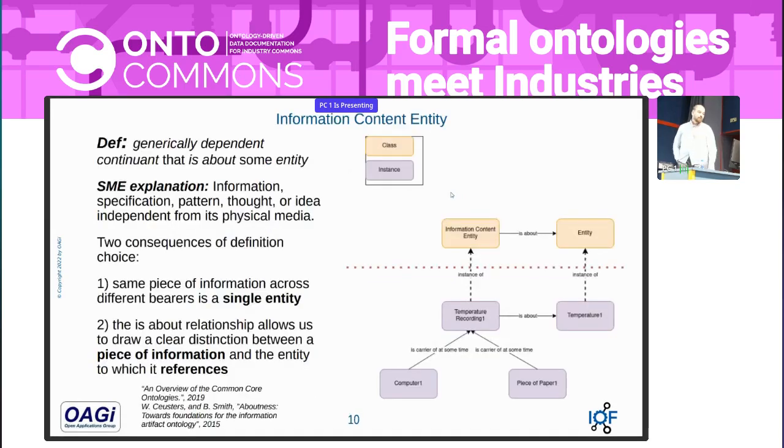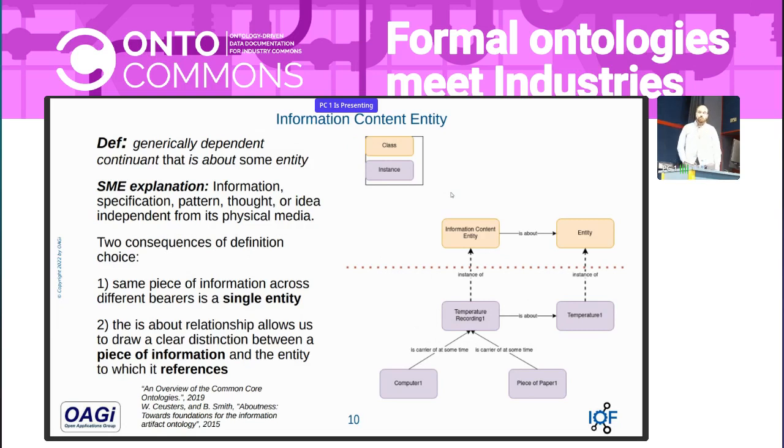Now I'm going to go into details about some of these classes. First of all, I'm going to start with information content entity, which is a generically dependent continuant that is about some entity, or in a more user-friendly manner, information specification, pattern, thought, or idea that's independent from its physical media.